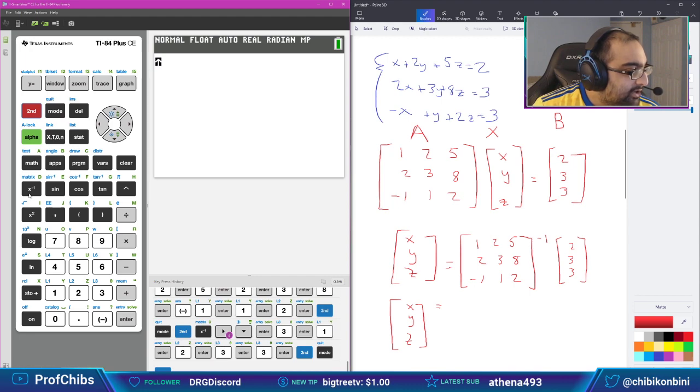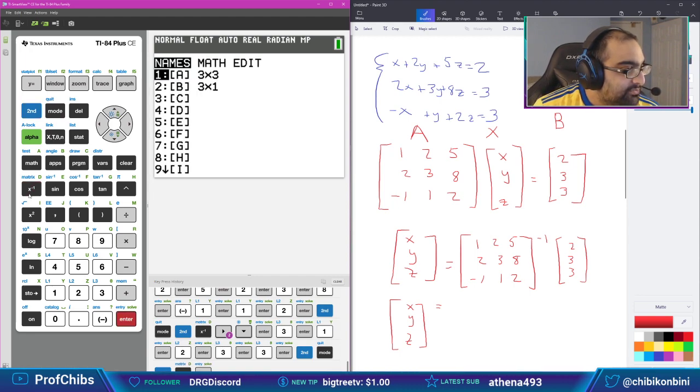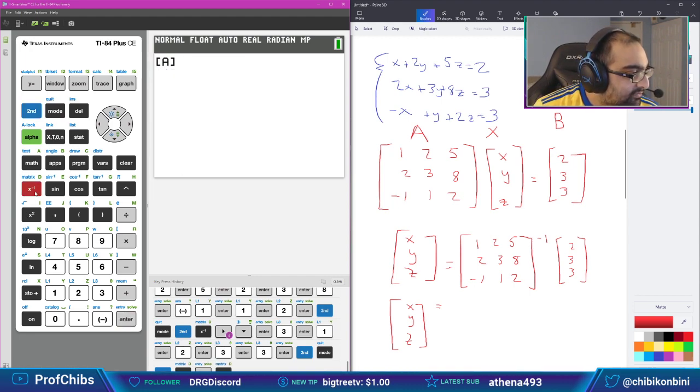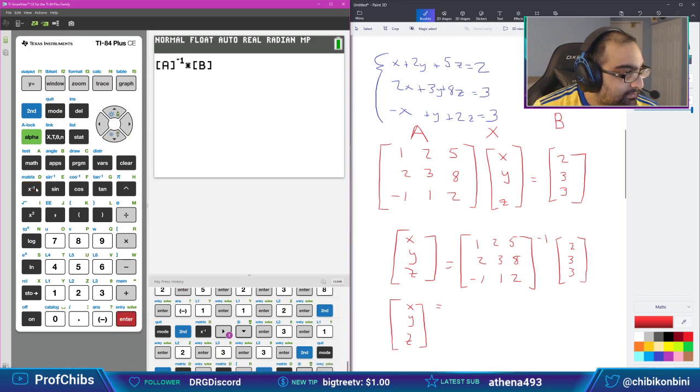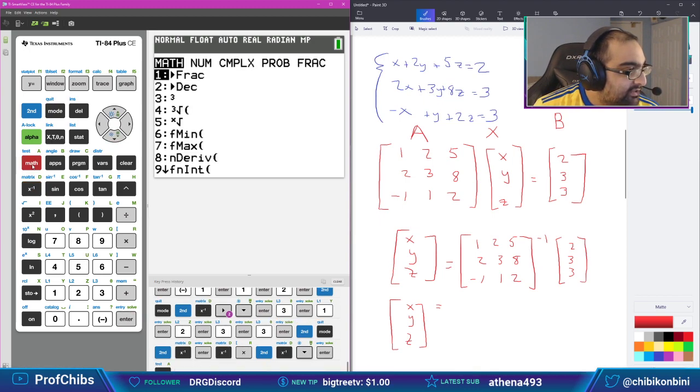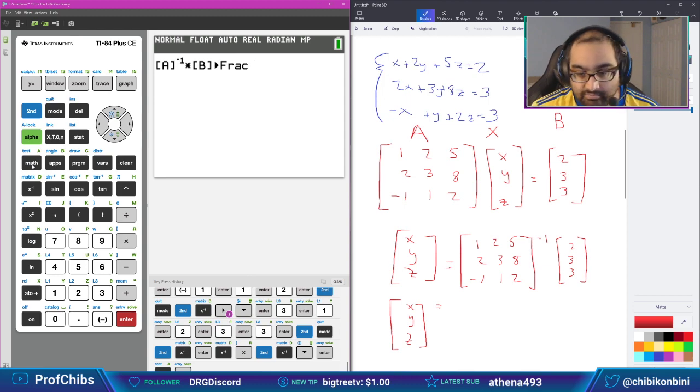Now we'll call upon each matrix. So second matrix, matrix A, hit the inverse key, multiply that by B, so second matrix, call upon matrix B, and then we'll hit math and fraction just in case, because the inverse can be fractions, you don't know. Let's see what we get.